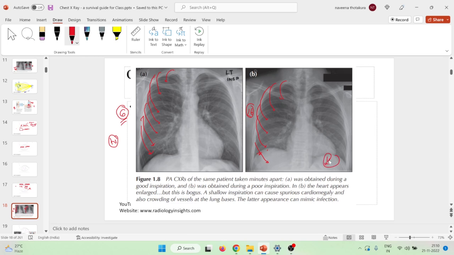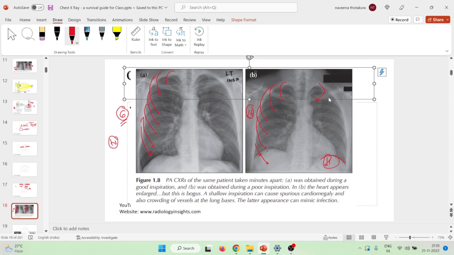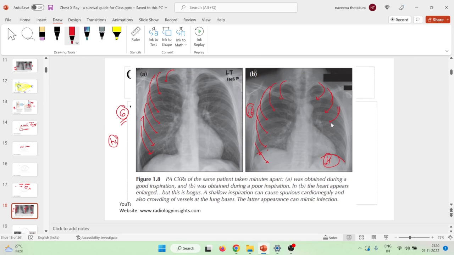Ideally, we should look at the left dome of diaphragm. So if you see here, 1, 2, 3, 4, 5 and the 6th is here. So the 6th is below the left dome of diaphragm. As a result, this is shallow inspiration.